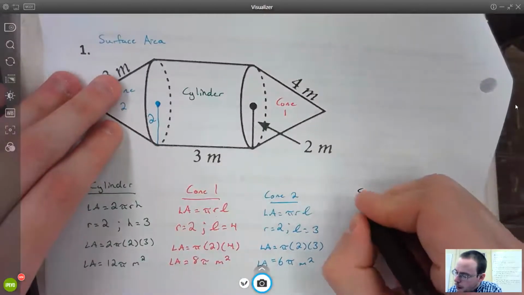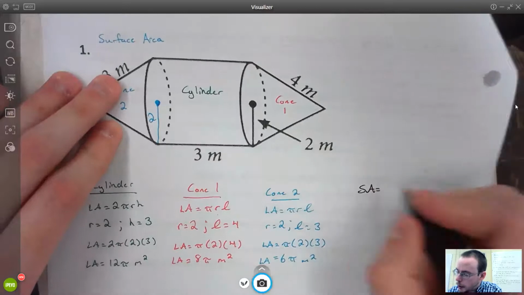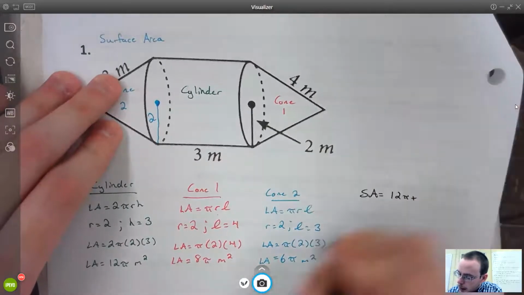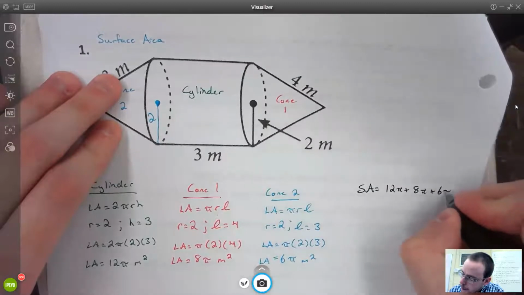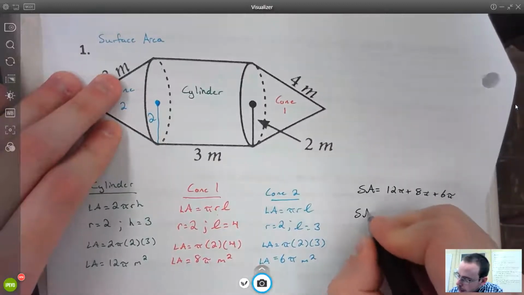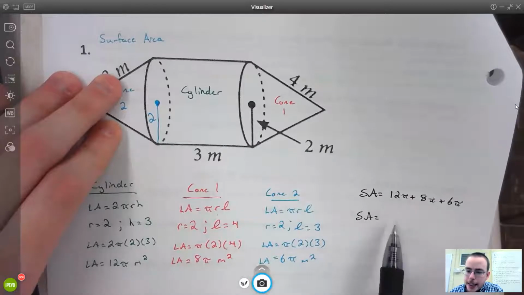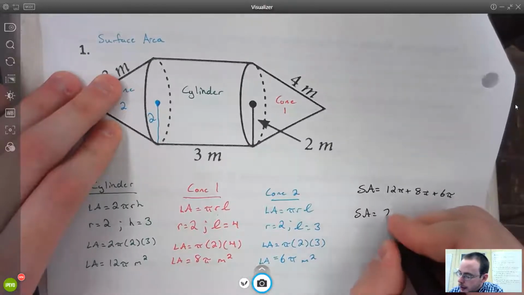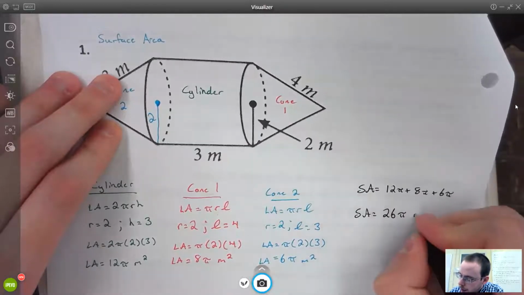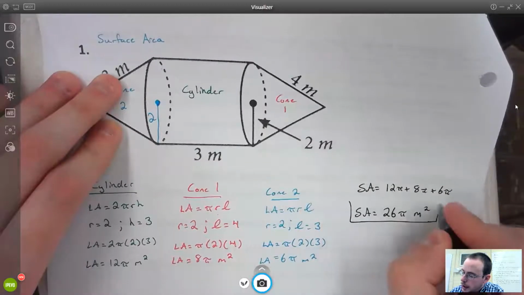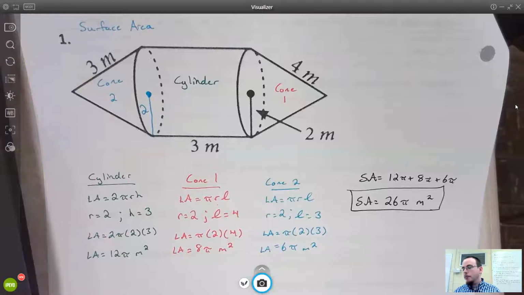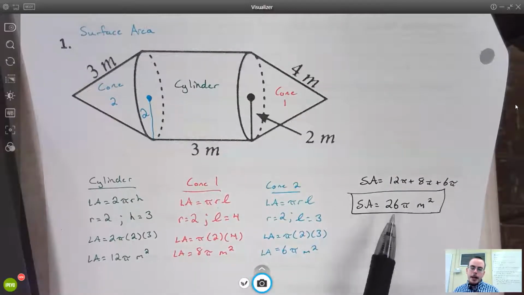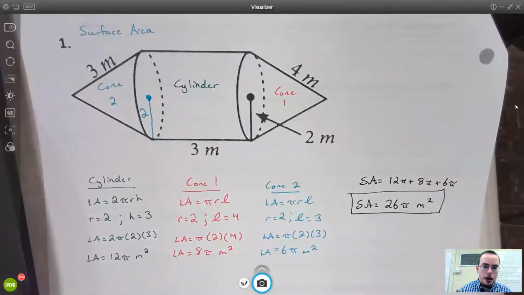So the surface area would be equal to 12 pi plus 8 pi plus 6 pi. 12 plus 8 plus 6 gives you 26. The pi drops down, and your surface area would be 26 pi meters squared. You could also plug in pi into your calculator and get a decimal approximation, but for this one, I'm just going to leave it as pi.